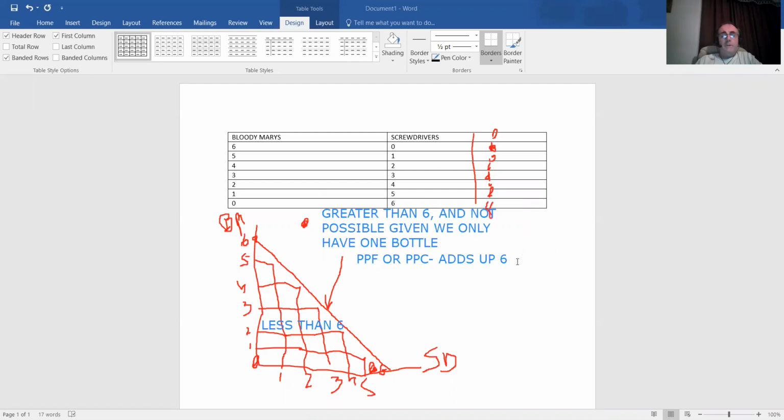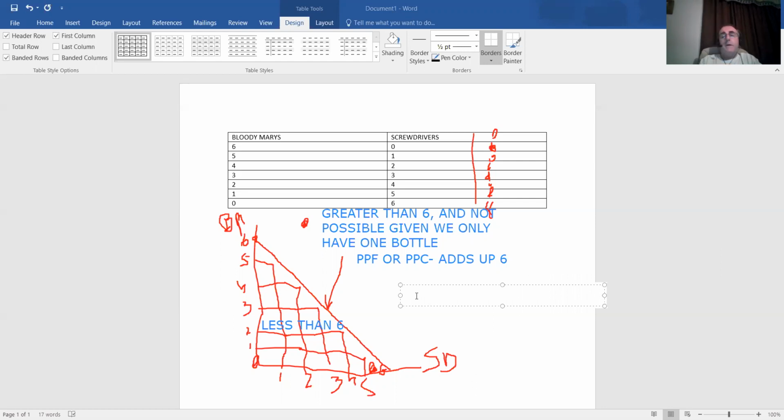Now, one more thing that we want to talk about is the shape of the line. It's downward sloping and it's straight, and it's not because the resources are limited. Look, if you had unlimited resources, you'd never have to make choices. You'd never have to worry about choosing because you'd never run out of stuff, right? So we have limited resources, which we know.